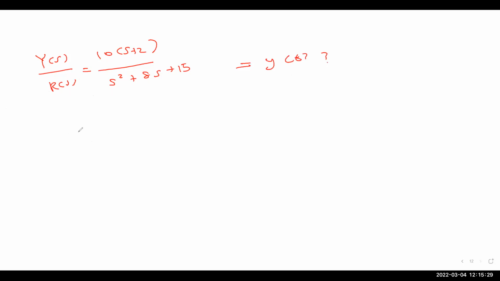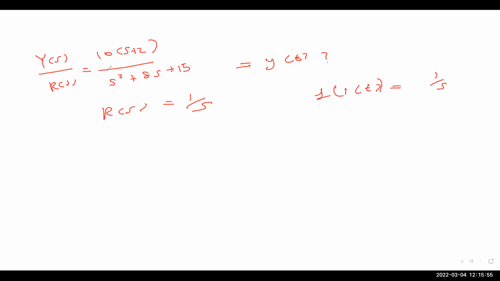You all know how to define a unit step in the S domain, right? I think you all have done this in the lecture. So simply that means R(s) is equal to 1 over s. If you go to the Laplace table, the Laplace of 1(t) is equal to 1 over s, right?